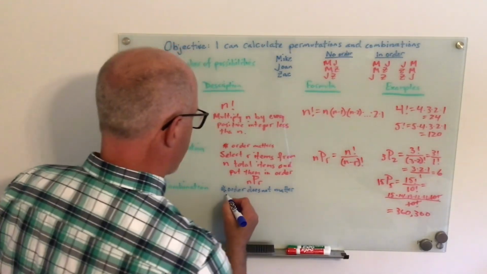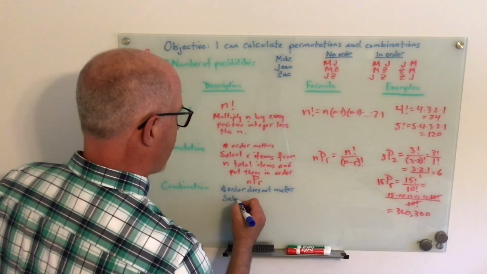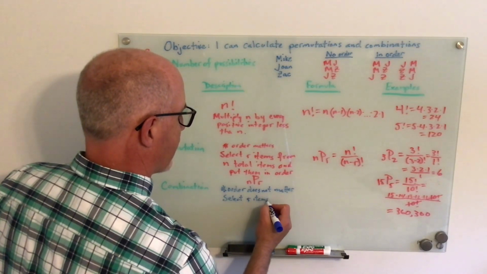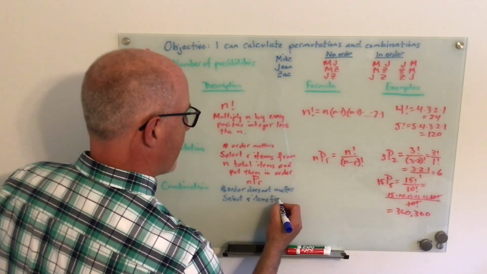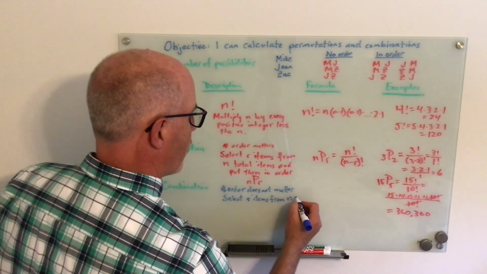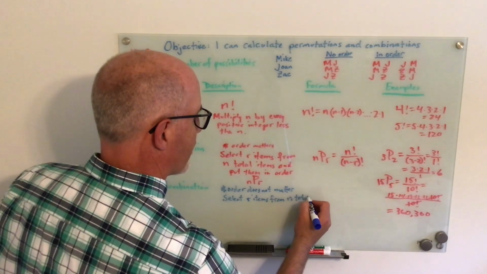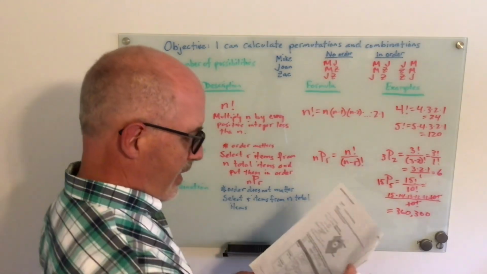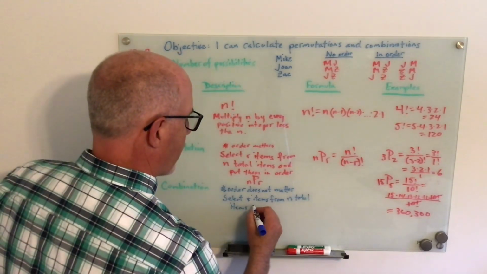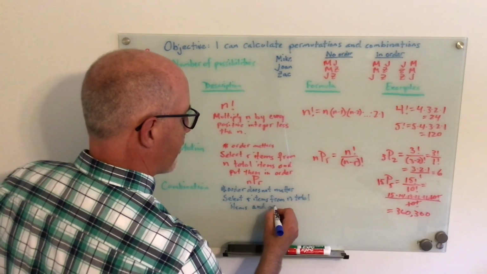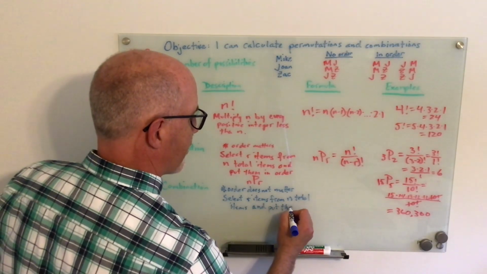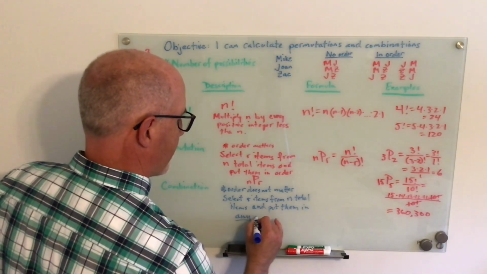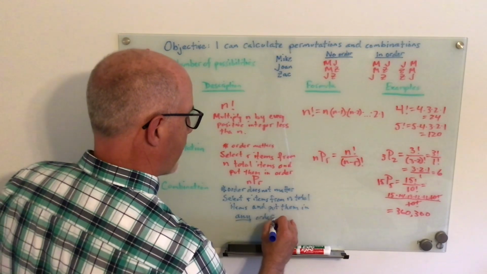So we're going to select r items from n total items and put them in any order. Order does not matter here.